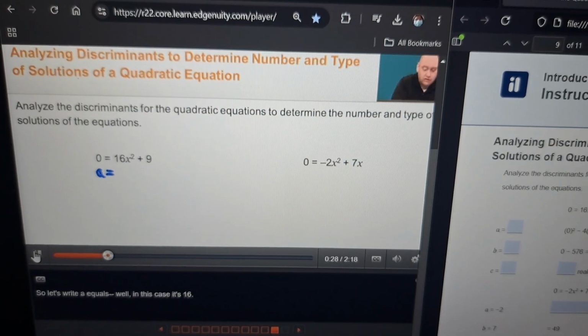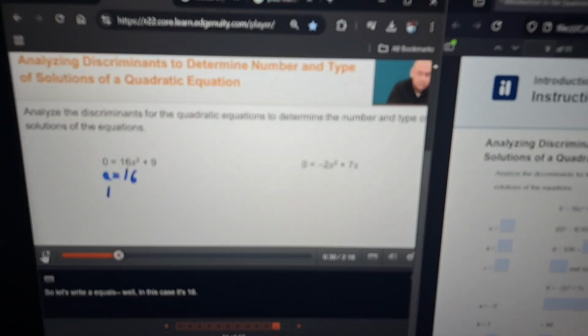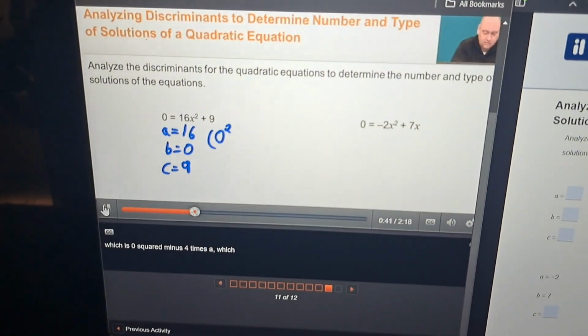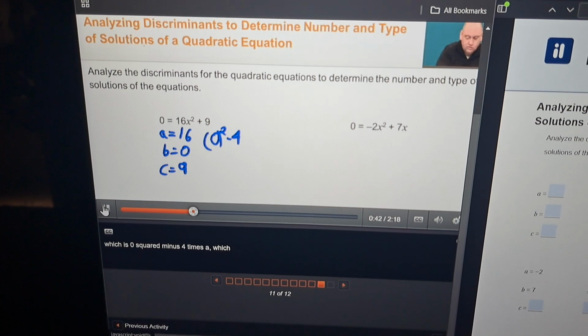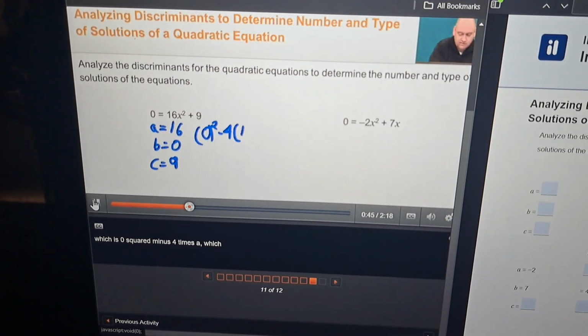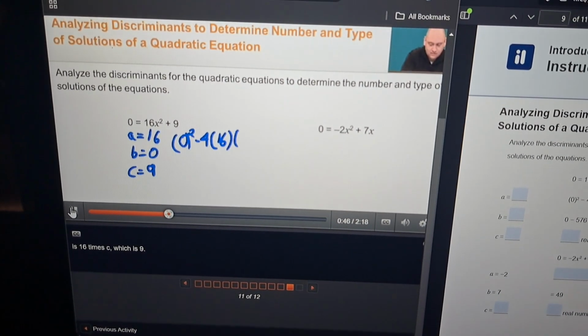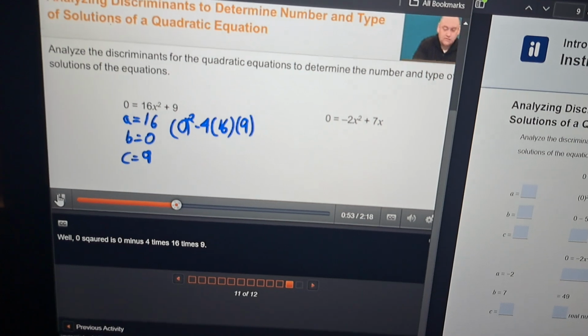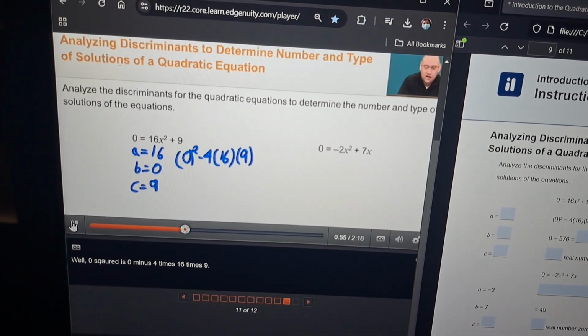So let's write it out. Well, in this case, a is 16, b is 0, and c is 9. So what's the discriminant? Well, that's going to be b squared, which is 0 squared, minus 4 times a, which is 16, times c, which is 9. Well, 0 squared is 0 minus 4 times 16 times 9.